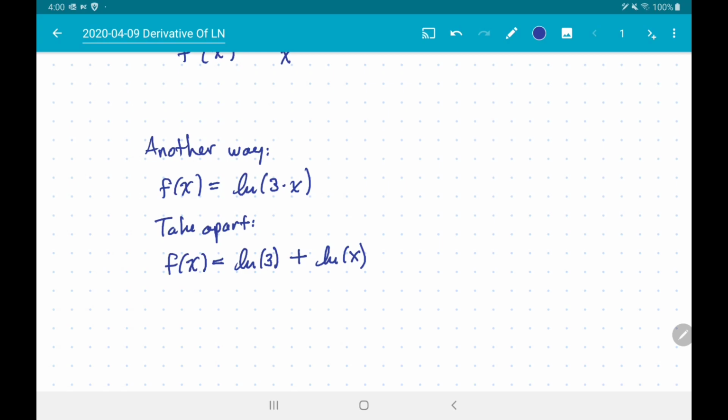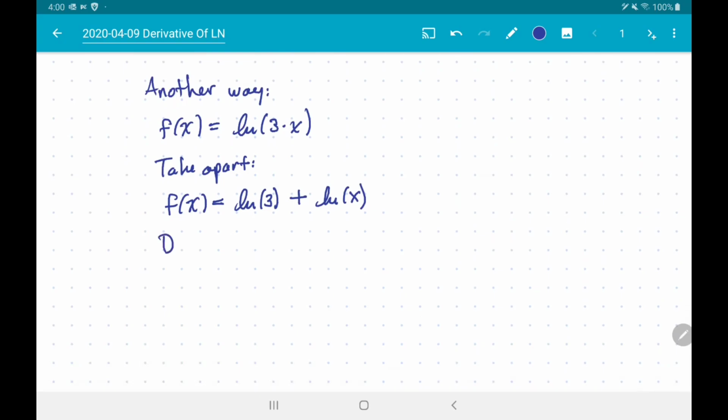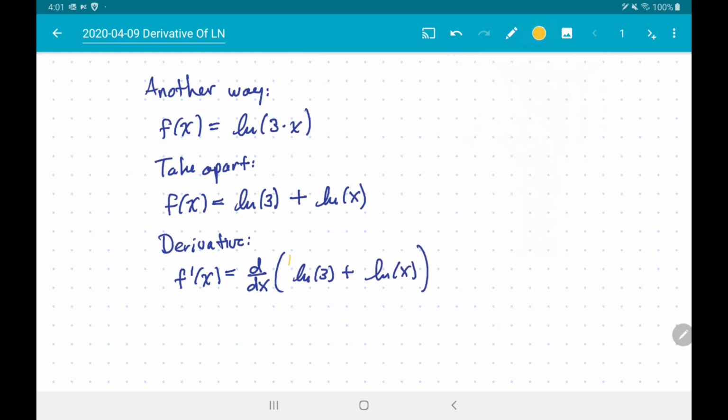Now we can take the derivative. First, I'll just write that f prime of x is d over dx of the formula for f. We have derivative applied to addition. And we do this so often we don't even write it down anymore.